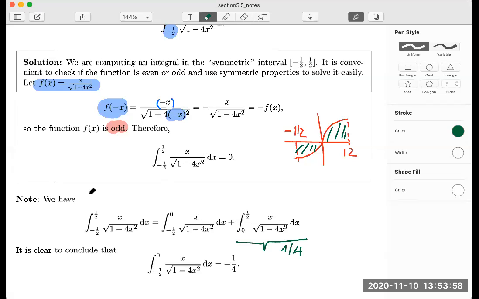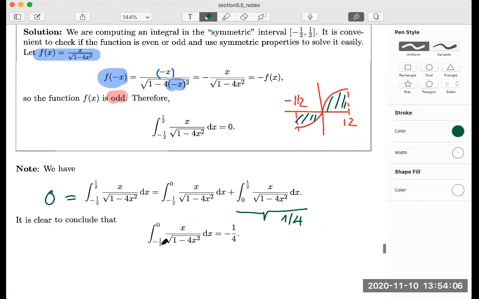And just right here, we found that this integral is equal to 0. So, therefore, the integral from -1/2 to 0 will be -1/4. Okay? This is a consequence. Or you can compute this integral again and double check if you got the same result as here. Okay?